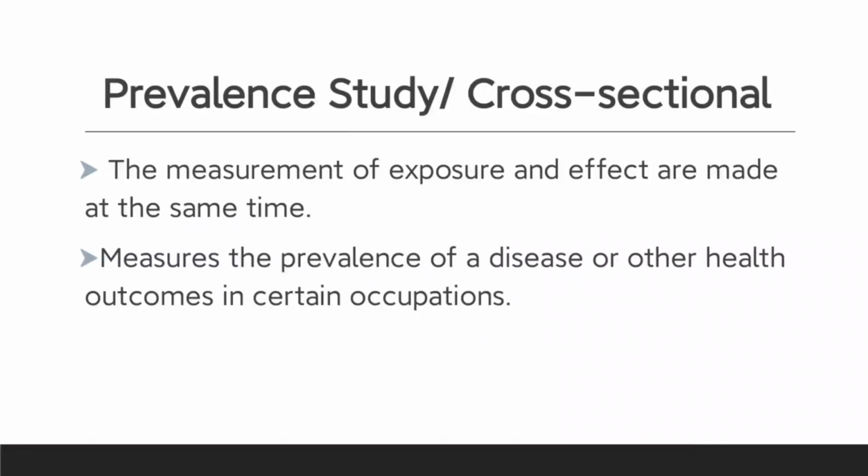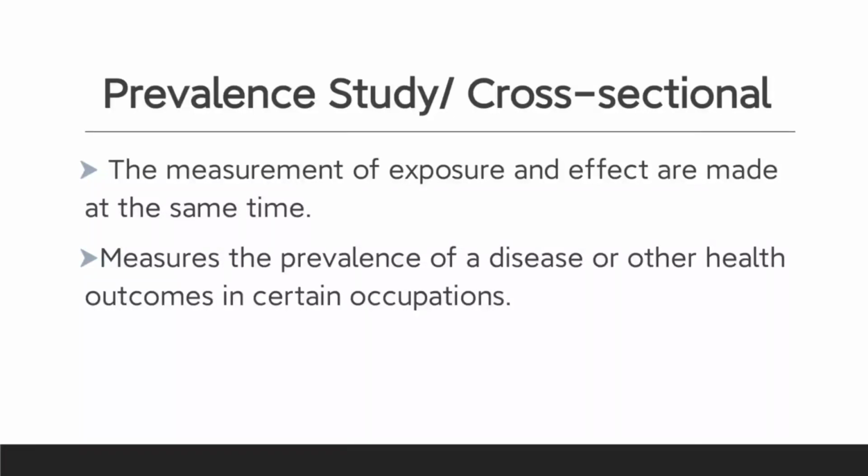So the third type of descriptive study design is the cross-sectional or prevalence survey, okay, or study. So prevalence study or cross-sectional is the measurement of exposure and effect that are made at the same time. Okay? So, ibig sabihin, existing disease occurrence, no?